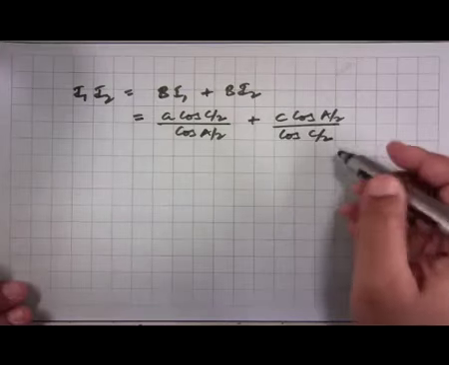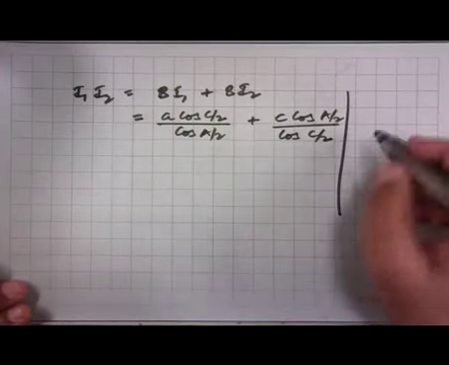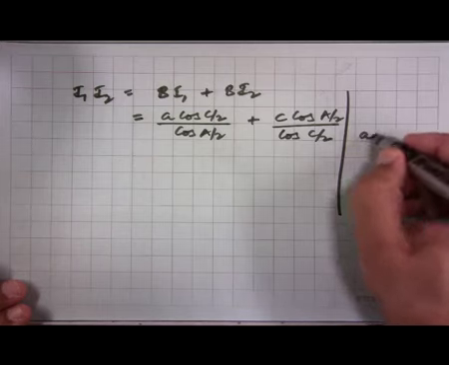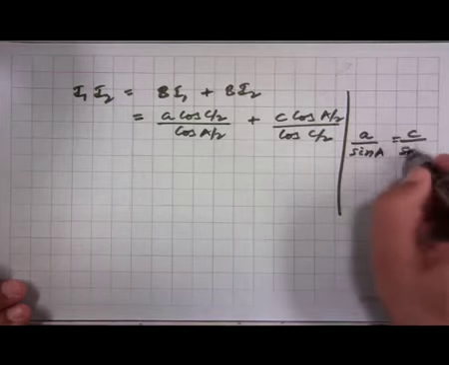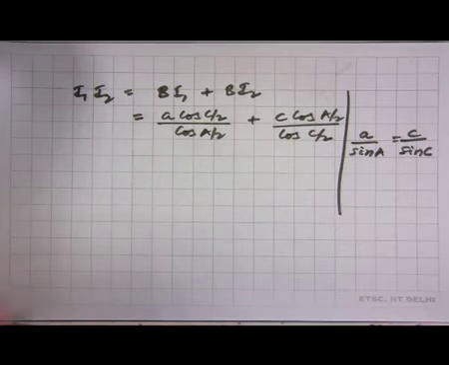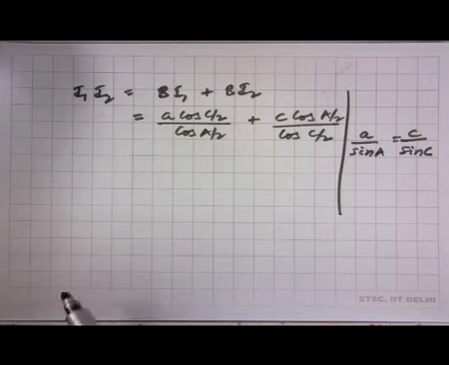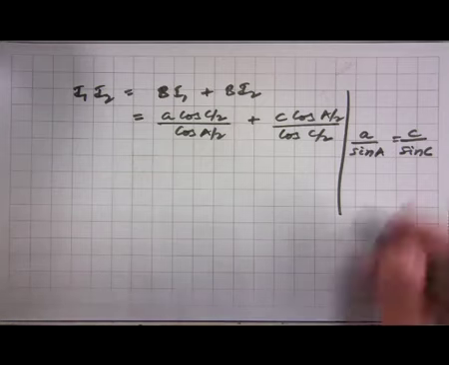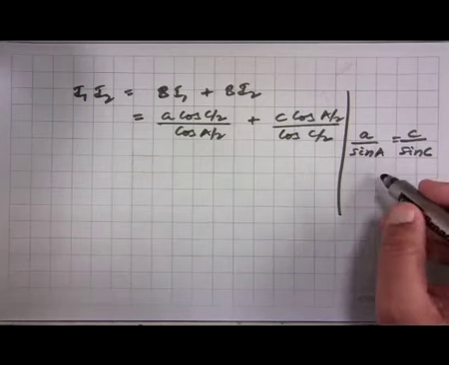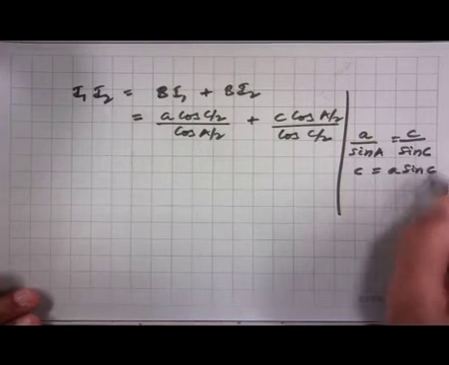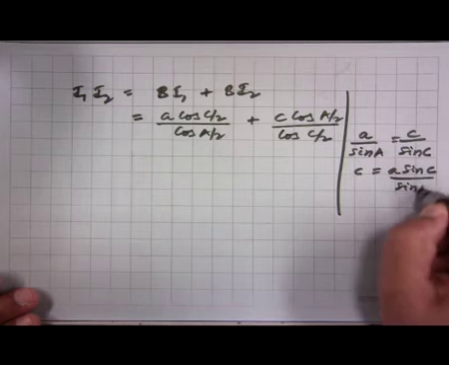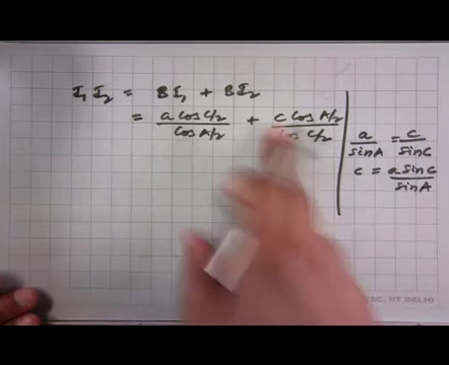Now, from applying the sine law to the triangle ABC, we know that a over sin A is equal to c over sin C. So, this is already known to us, and from here it follows that c is equal to a sin C over sin A. So, let us replace this c by this expression.